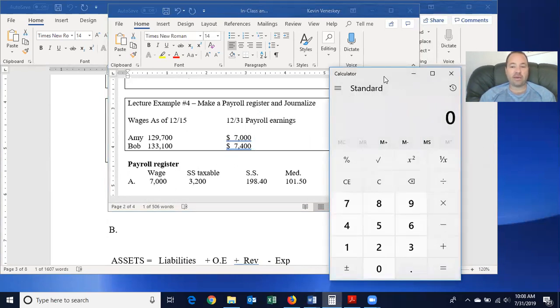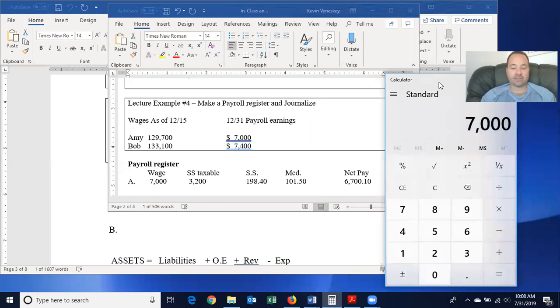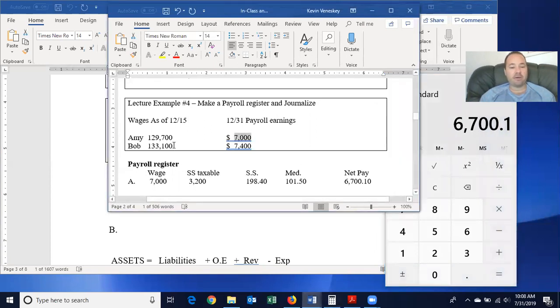So this individual had 7,000 in wages, minus the 198.40 in Social Security, minus the 101.50 in Medicare. So they're left with $6,700 of net pay. Now for Bob, if we look at this number, he's already over the Social Security cap.